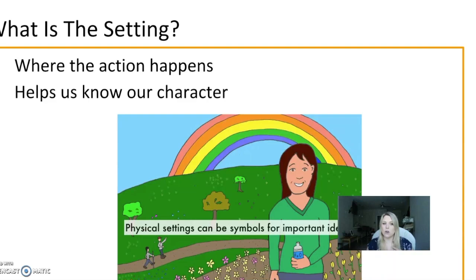So an important thing to know is physical setting can symbolize important ideas. So for example, if the story took place in a dark, gloomy forest, one might think that the story is going to be a little bit scary and eerie. Something important to know as well is that your setting could change throughout the story.